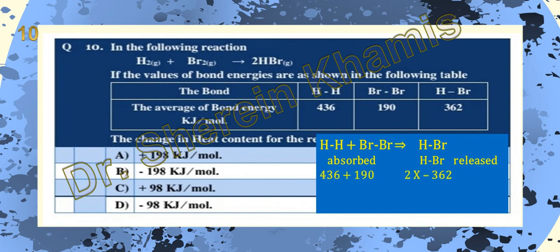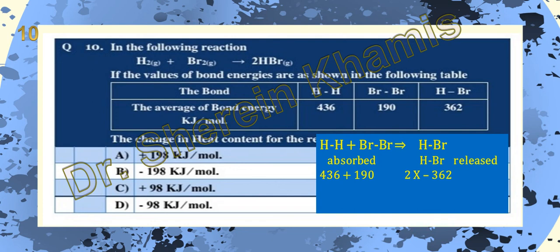We will have the absorbed energy, we will sum the average bond energy 436 plus 190. Okay, on the other side we will put 2 times negative 362.